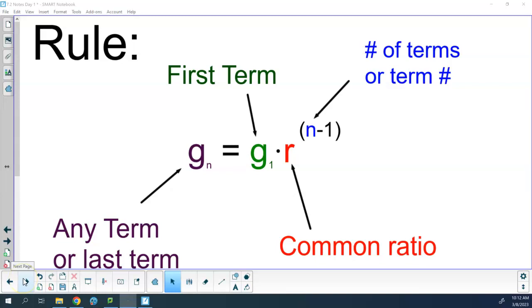G sub n is any term, or the term that you're looking for in the sequence. G sub 1 is the first term in the sequence. R is that common ratio. N is the number of terms, or the term number that you're specifically looking for. And 1 is 1.